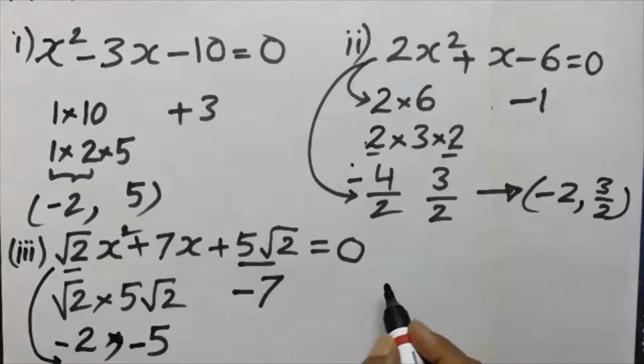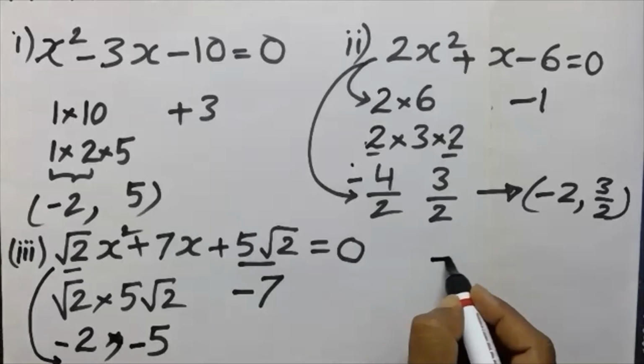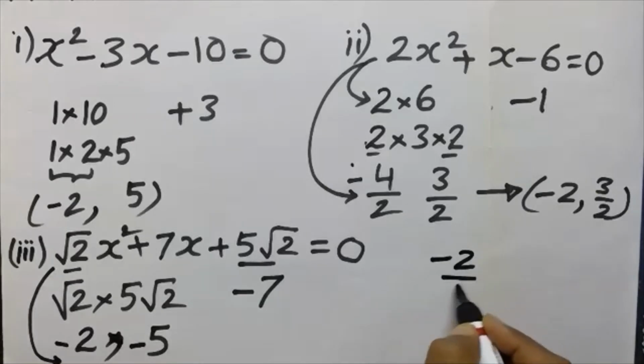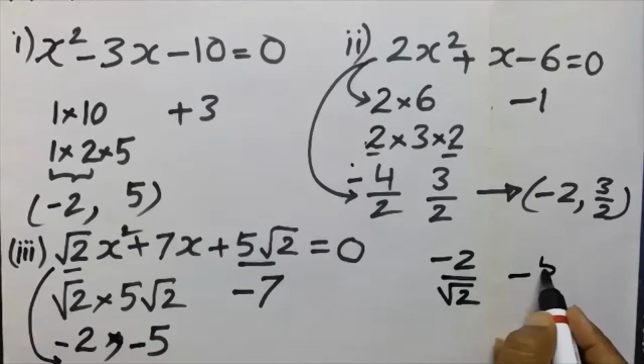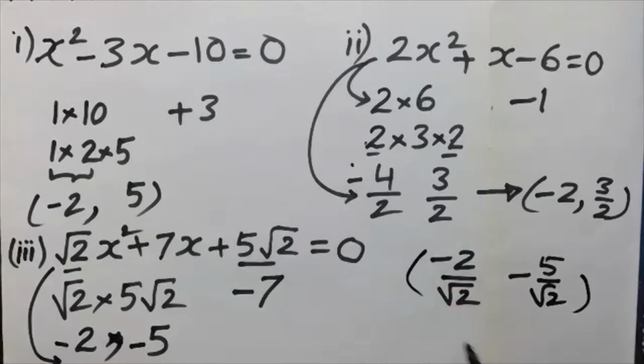Let me write here. So minus 2 divided by √2, and minus 5 divided by √2. Then what you will get? Here √2 with a negative sign, minus √2, and minus 5 by √2. These are the two roots.